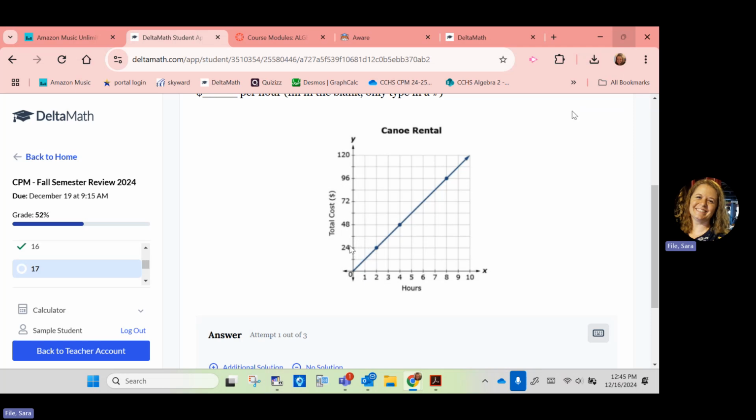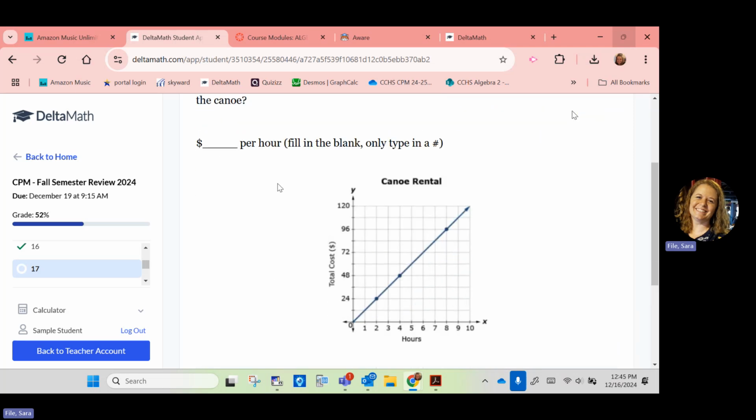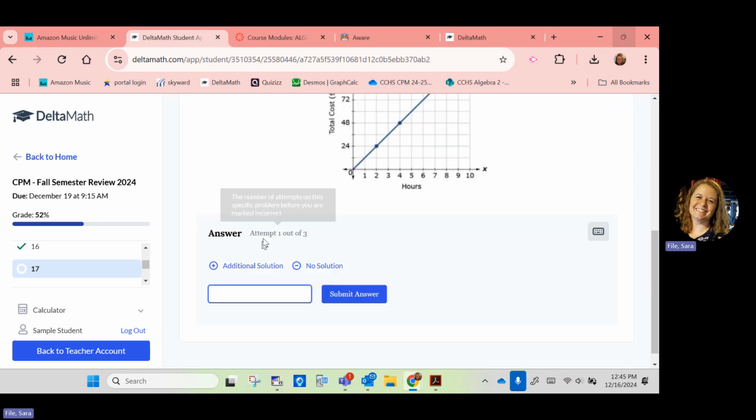So 2 hours is $24. So what do you think this 1 hour is? What's the dollar amount that would be here? If 2 hours costs $24 and 4 hours costs $48, that's $12 an hour. So that's all you're interpreting the graph. So $12 per hour. So we're just typing in the 12.